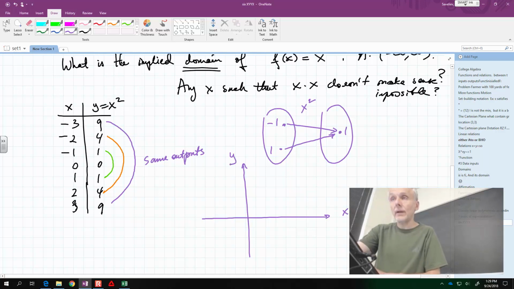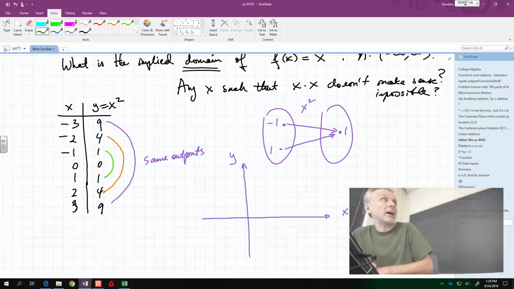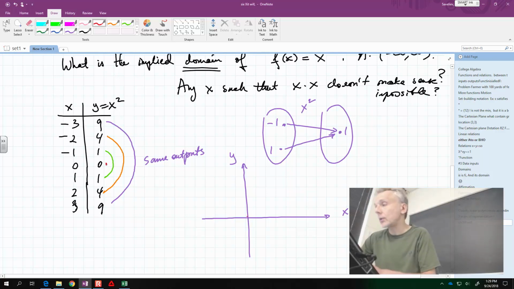And that's the point of plotting graphs, is that you might see a pattern or absence of pattern once you have a few points available. So I'll start with the 0, which happens to have only a single value. The only output 0 is from 0. Okay, so then I have 2 points, -1 and 1 over here.